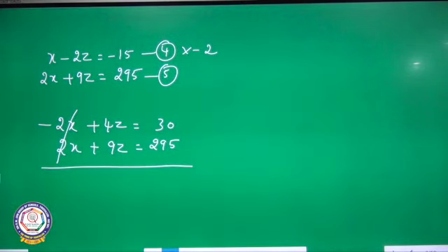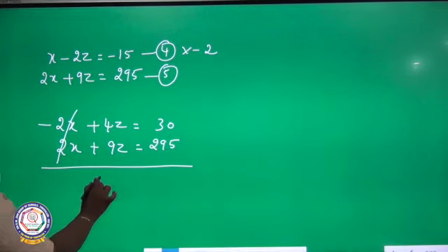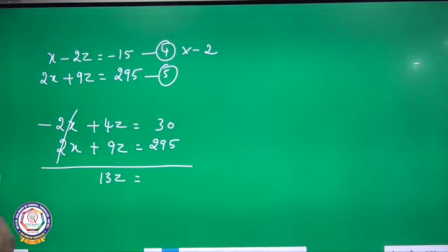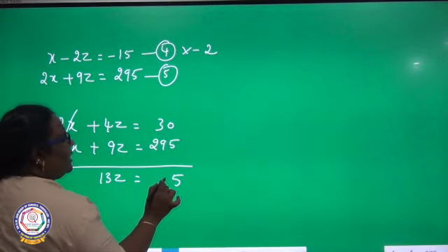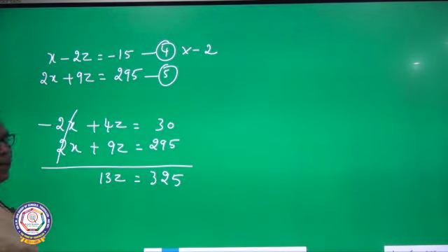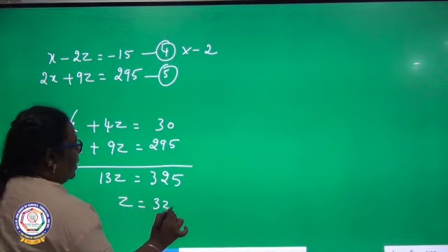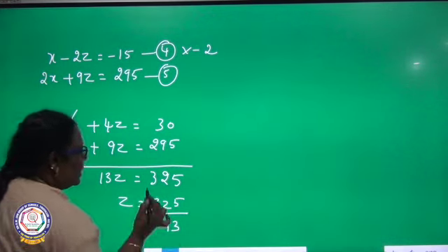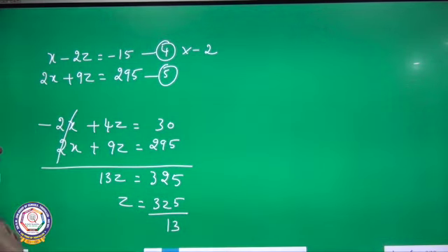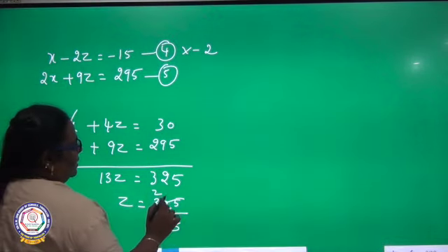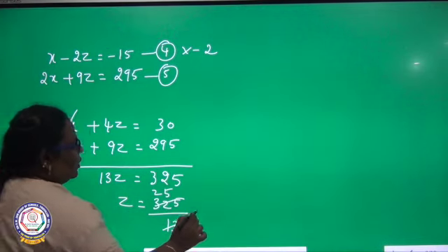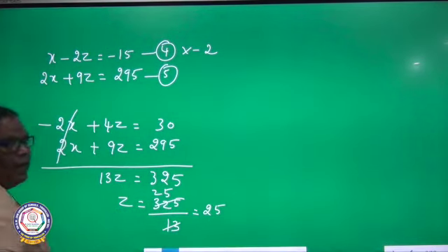Plus 2x and minus 2x get cancelled. 13z equal to 325, since 9 plus 4 is 13 and 295 plus 30 is 325. So z equal to 325 by 13. 13 2s are 26, balance 65, 13 5s are 65. What is the value for z? The z value equal to 25.